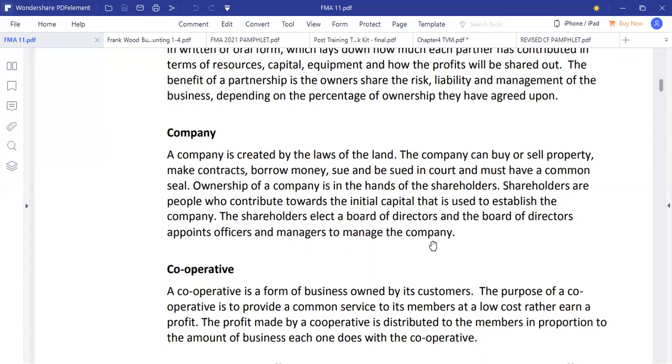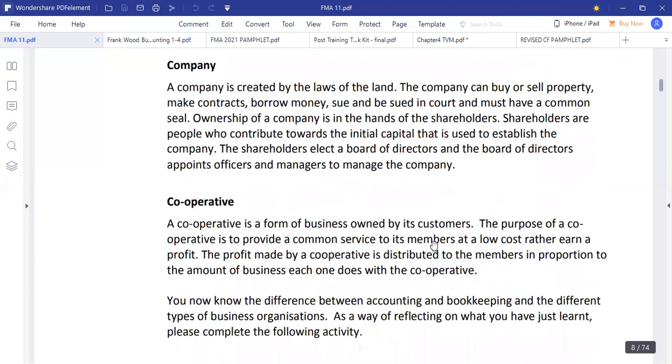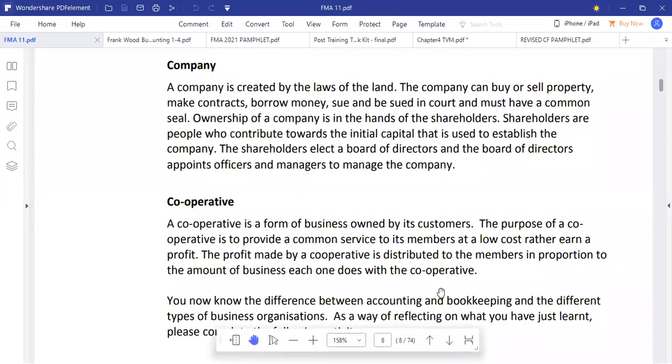Then finally, we have what we call cooperatives. This is another form of business which is owned by its customers. The purpose of a cooperative is simply to provide a common service to its members at a lower cost so that they could earn a profit. Cooperatives are being encouraged time and again.